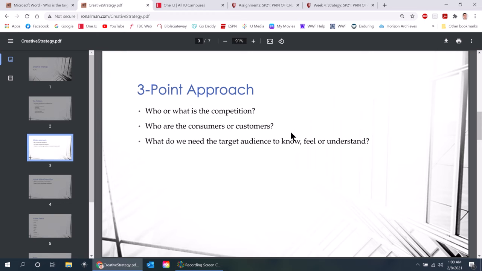Well, this gets deeper into it, and since we just got done talking about research, maybe there's something about the company that the audience doesn't know about that you found out in your research, or you did a survey and not a lot of our target audience actually knows the company's name. So, make a list of what the target audience needs to know, feel, or understand, and that'll help you build toward this creative campaign.